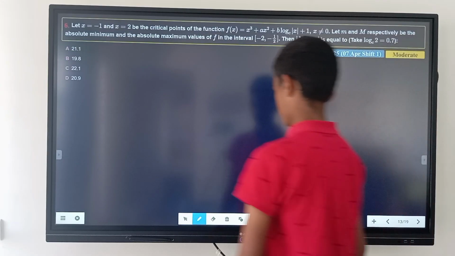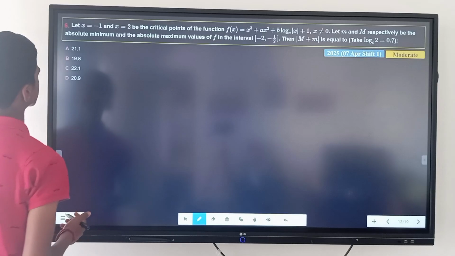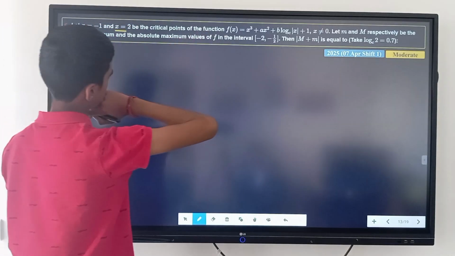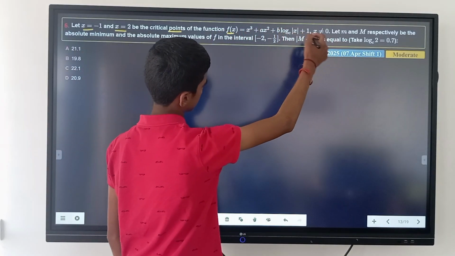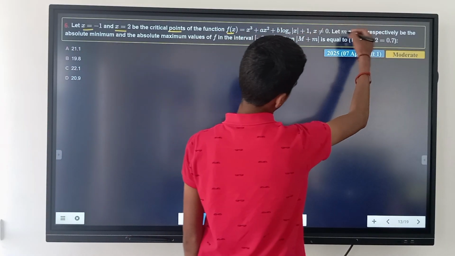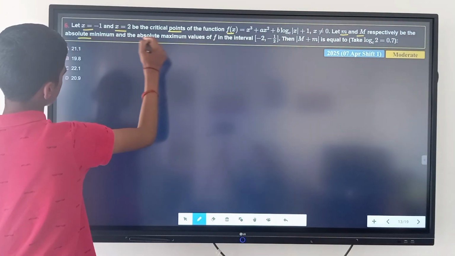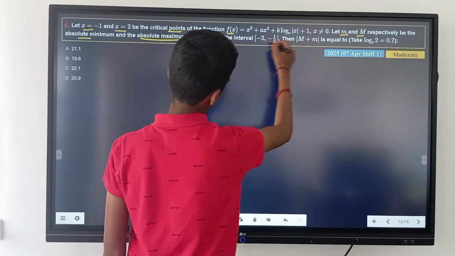Here is our next question. This time our question says, let x is equal to -1 and x is equal to 2 be the critical points of the function f of x, and let m and capital M be respectively the absolute minimum and the absolute maximum values of f in this interval.